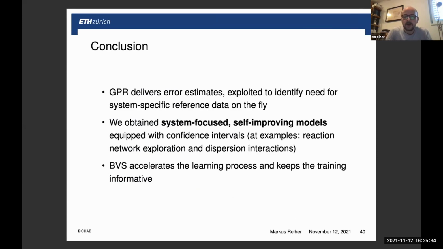So I hope that I've shown you that Gaussian process regression actually is very beneficial for producing error estimates for system-specific improvement of quantum chemical data. And especially I would advocate for this batch-wise variance sampling because that increases the efficiency of the learning process.